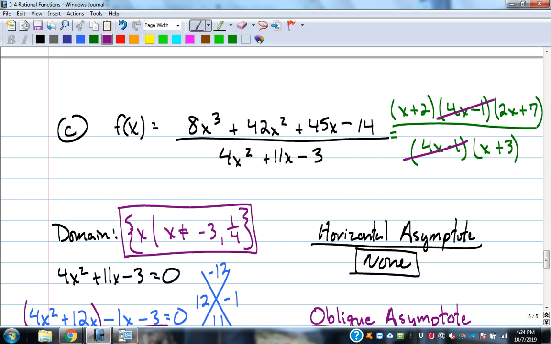The only thing I've got to do, though, is I need to multiply out this top part. X plus 2 times 2x plus 7, get 2x squared plus 7x plus 4x would be plus 11x plus 14. And then on the bottom, we've got the x plus 3. That's what that thing simplifies to be.